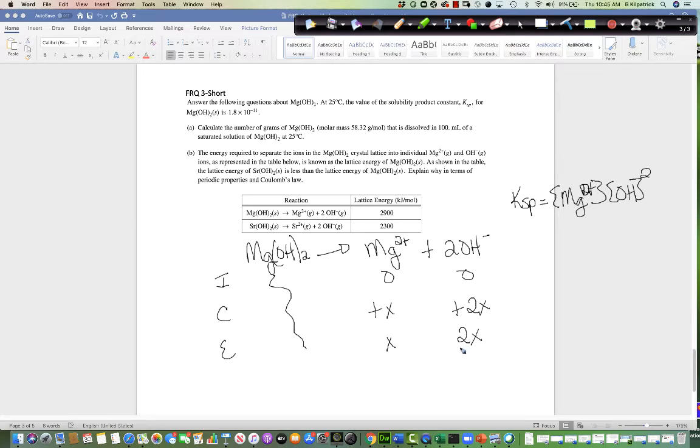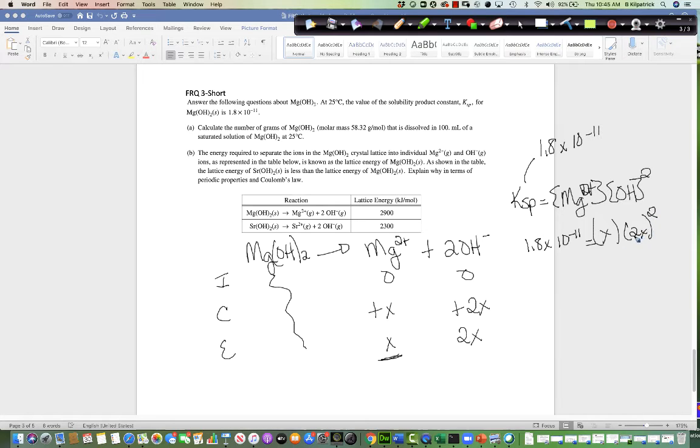So I have X and 2X, and really what I'm trying to do is find the value of X. I have the KSP value, that's 1.8 times 10 to the negative 11th. So at this point, I'm going to plug everything into my K expression and solve for X. My KSP is 1.8 times 10 to the negative 11th, and that's equal to X to the first multiplied by 2X to the second.